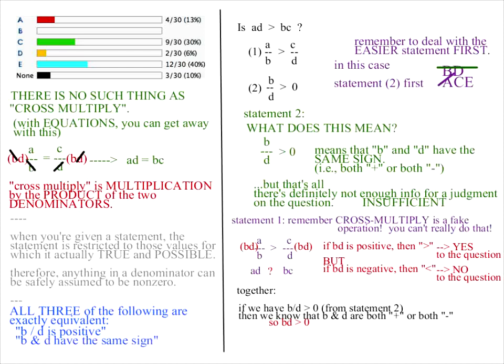And B times D is positive. And then there's also the reverse of these, which we don't deal with in this question, but if this says negative, and this says negative, and this says different signs, then those are also equivalent. So let me write that over there on the other side. There you go.